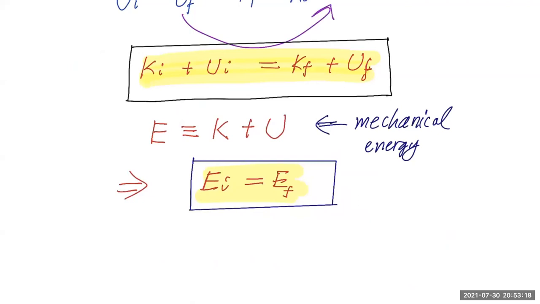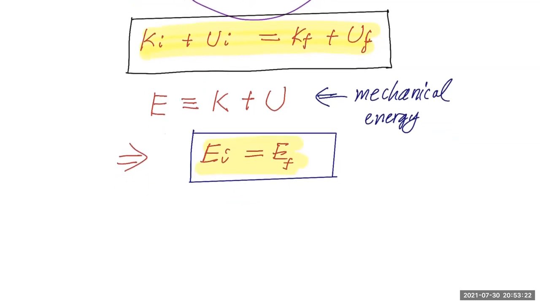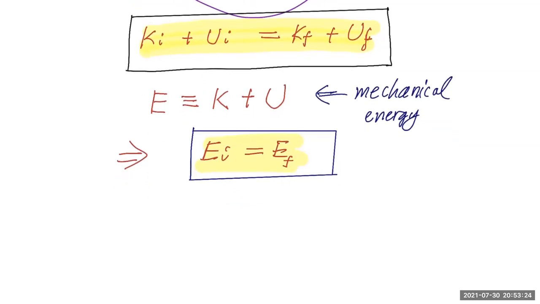Then you have E initial equals E final, and that is known as our first conservation law, the conservation of mechanical energy once again. Let me write that down. Conservation of mechanical energy. It is one of the 3 conservation laws you will be learning in physics 8A.